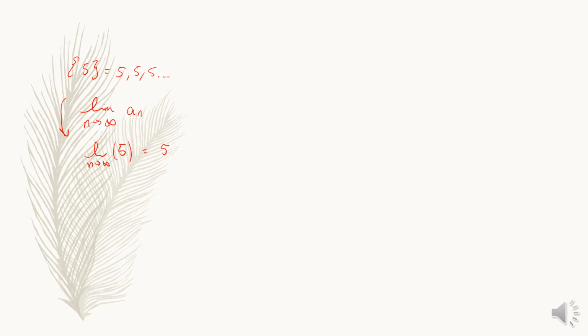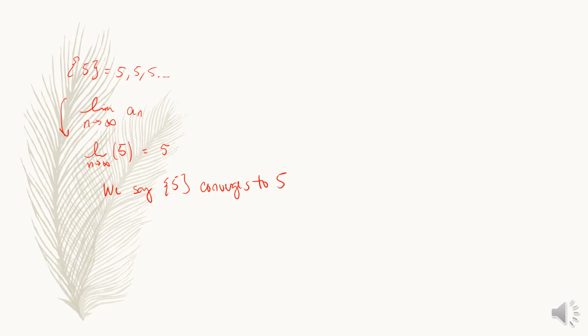Well, that's just 5. The limit of a constant is a constant. So what we say is that the constant sequence 5 converges to 5. So we're really interested to know if a sequence converges, and if it does converge, what does it converge to?